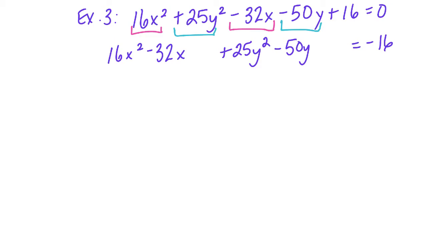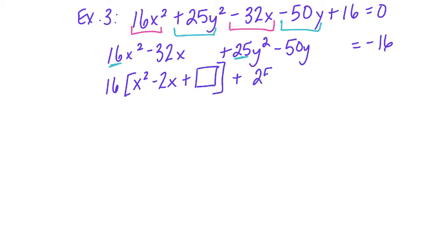Now, in order to complete the square, I have to factor those terms out. So we have 16 times x squared minus 2x, let's complete the square, plus 25 times y squared minus 2y, we're going to complete the square, is equal to negative 16.